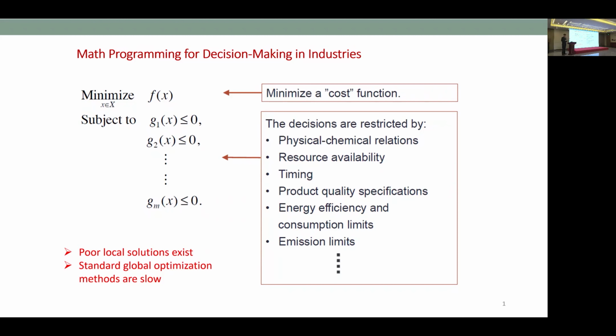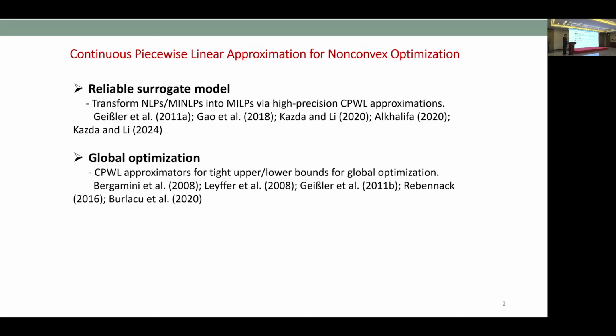So one direction is to develop reliable piecewise linear approximations so that we have a reliable theoretical model, which is easier for computation. The other track of research is to use piecewise linear approximation to generate tight bounds for global optimization, so as to improve the global optimization efficiency.